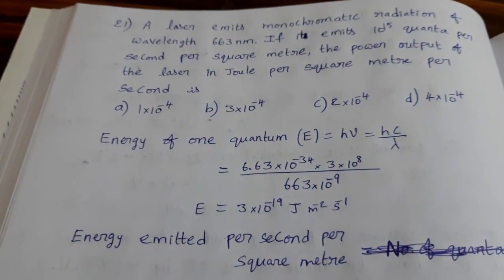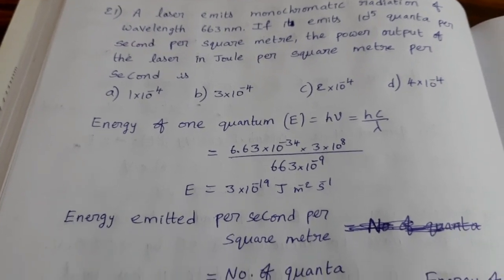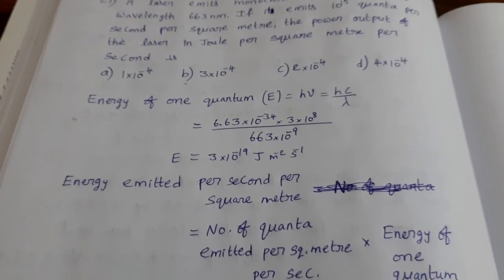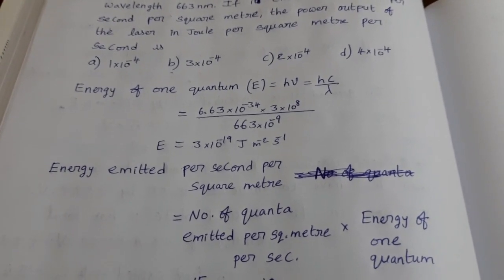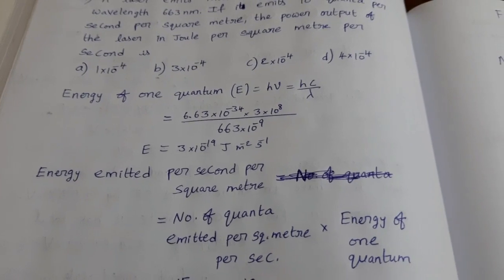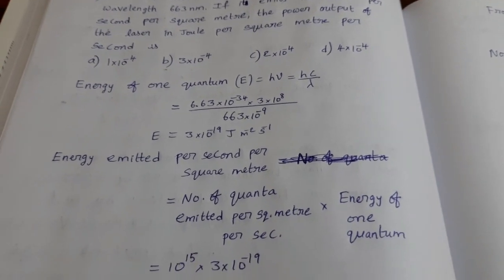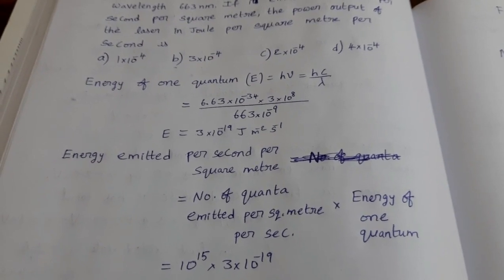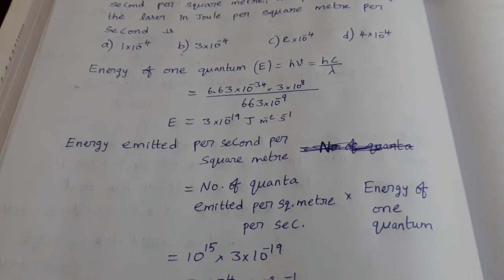Now we want energy emitted per second per square meter equal to number of quanta emitted per second per square meter into energy of one quantum. So how many quanta are released per square meter per second? 10 power 15. It is given in the question.